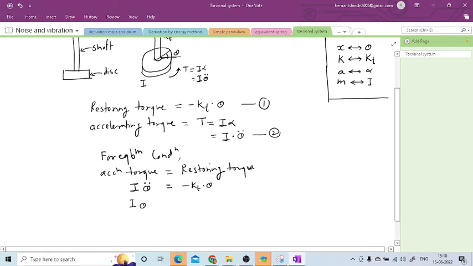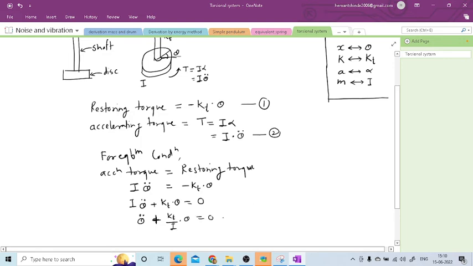So I theta double dot plus kt into theta is equal to 0. Now to convert into standard differential equation form, divide by I. So theta double dot plus kt divided by I into theta is equal to 0.